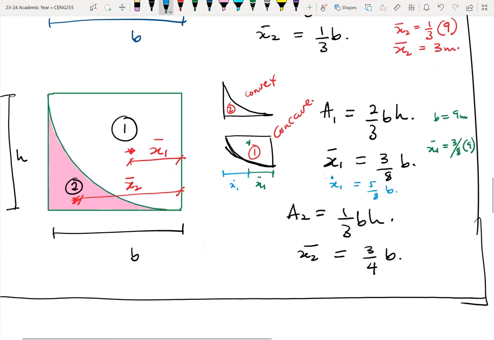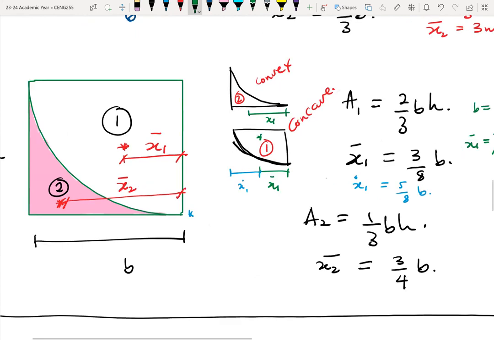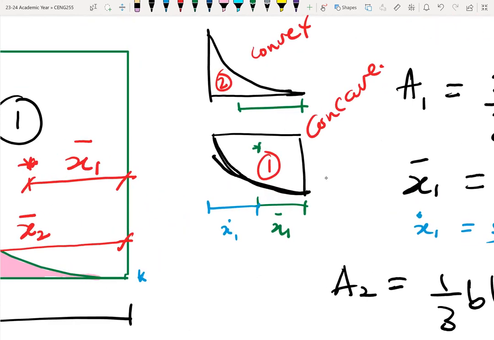Now, when it comes to the convex, which is area 2, the area is 1/3 base times height. And from the centroid of area 2 to the right-hand side, which again I name point K, that will be this distance here, which I call x2 bar.